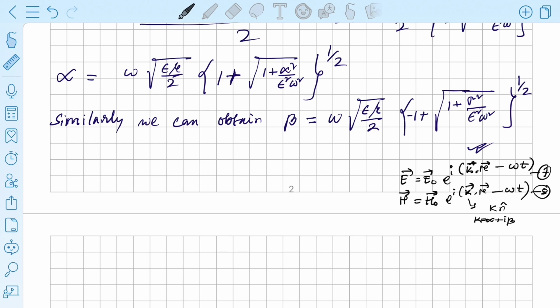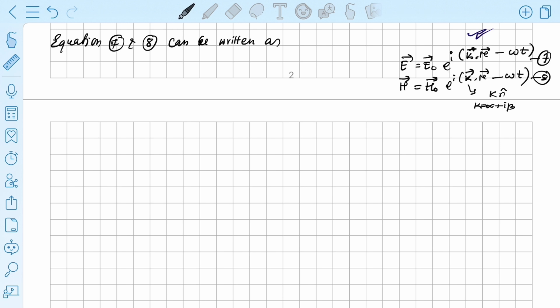Therefore, equations 7 and 8 can be written this way. E vector is equal to E naught e to the power i, within bracket, instead of k we write alpha plus i beta, n cap dot r minus omega t.